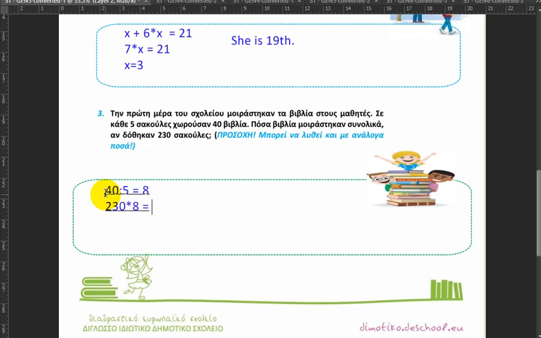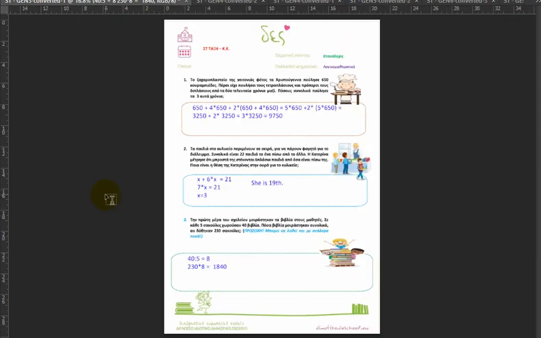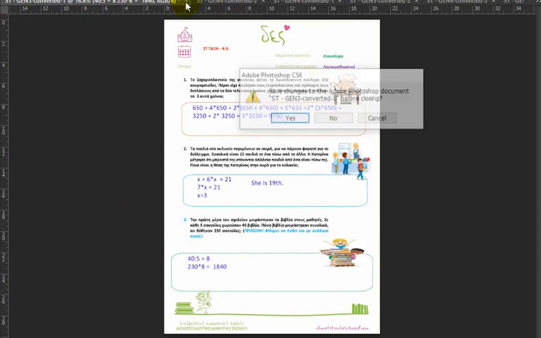It's kind of easier. No x's. And 8 times 23 makes how much? 1,840 books, right? So whether you solved it this way or that, you should have found 1,840. So that's it for this exercise. Moving on. Pause if you have to.